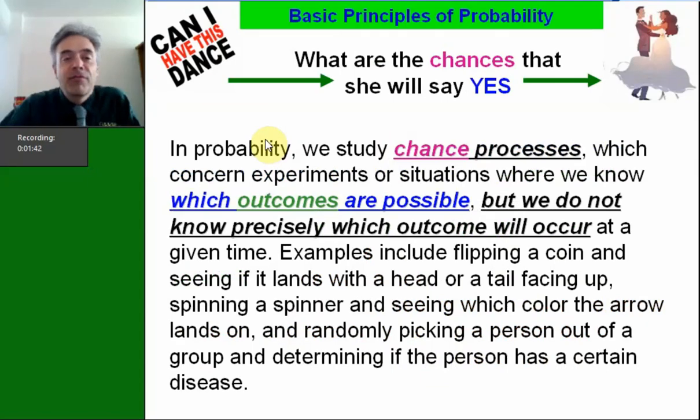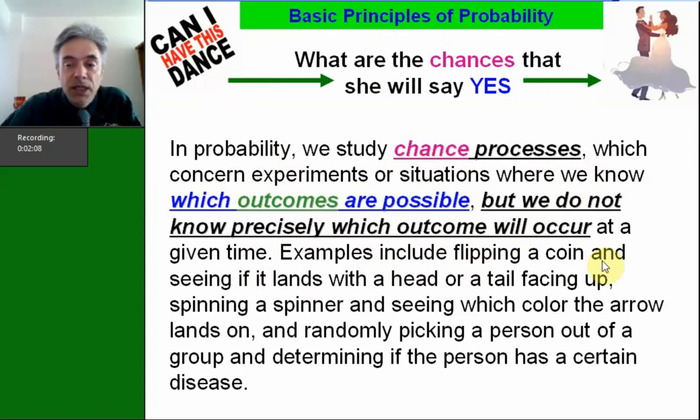So let's take, for example, this situation here. Can I have a dance? What are the chances that she will say yes if you wanted to take a lady to dance? In probability, we study chance processes, which concern experiments or situations where we know which outcomes are possible, but we do not know precisely which outcome will occur at a given time.